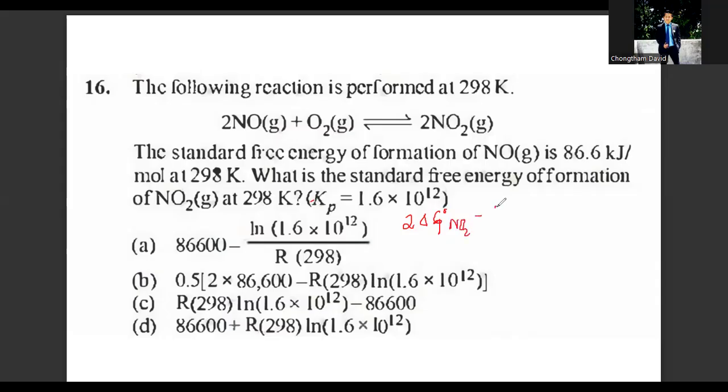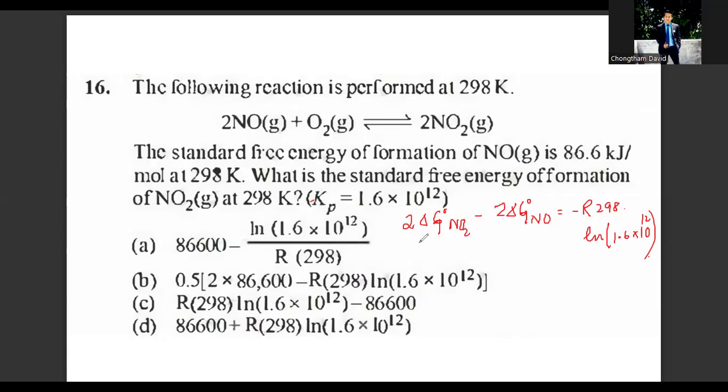This is for nitrogen dioxide. And delta G naught of nitric oxide would give RT, that is 298, and ln Kc would be 1.6 times 10 to the power 12.